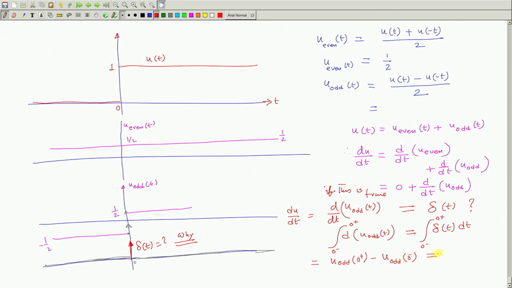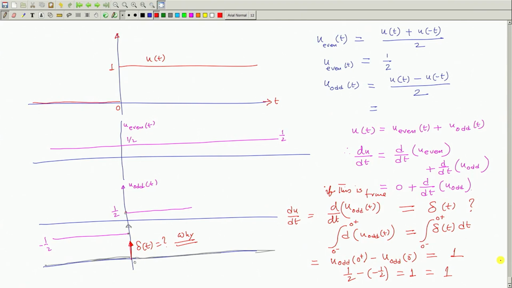The right side is 1, and this quantity is: for t greater than 0 it is plus half, for t less than 0 minus half, so half minus minus half, and this is indeed 1, equal to the RHS.